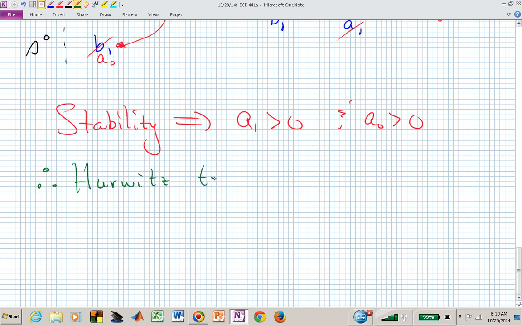So the Hurwitz test, really, since that says, are the coefficients all there, are they present, and are they positive, the Hurwitz test is actually sufficient and necessary for a second order polynomial. And you wouldn't have to build this Routh array for another second order your entire life.